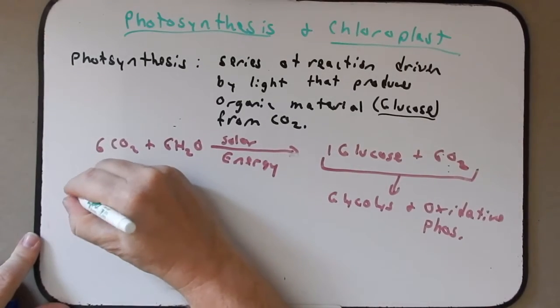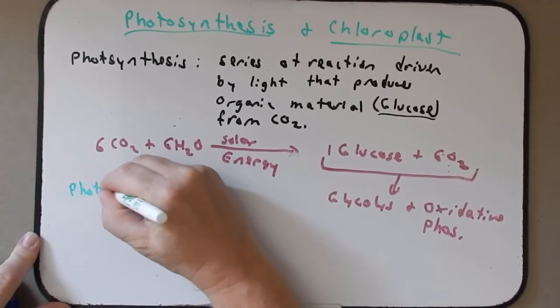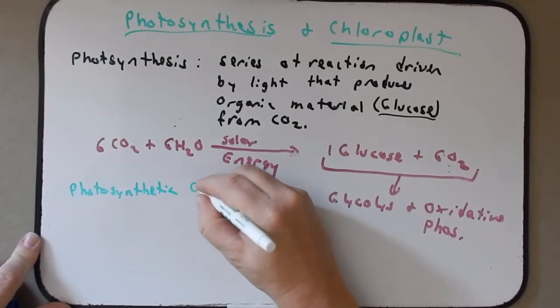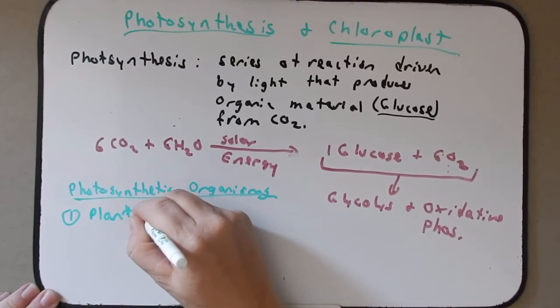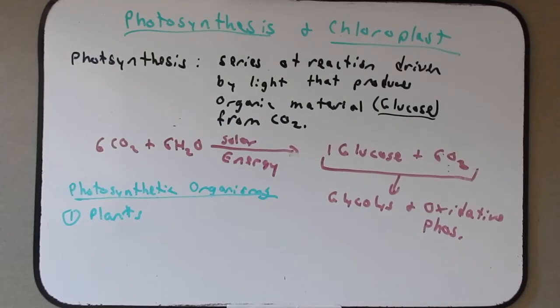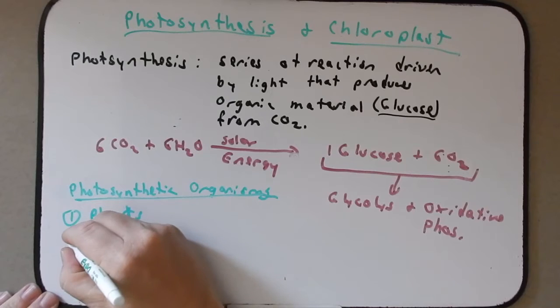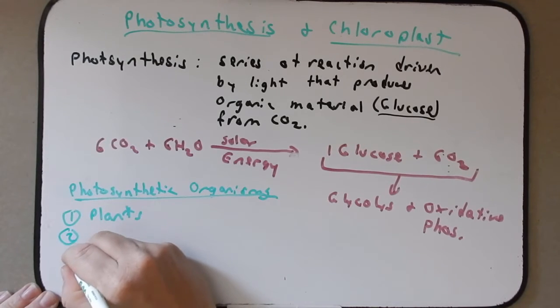So let's write here, photosynthetic organisms. Sometimes we just think about the plants, and certainly plants undergo photosynthesis, so we should include them. But photosynthesis is used by lots of other species as well.